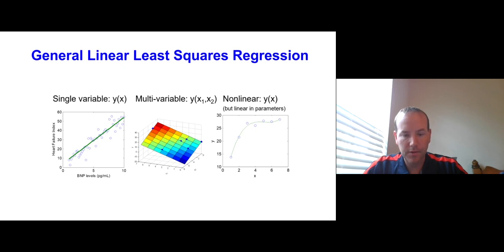And that allowed us, as I just mentioned, to make predictions about new values of data points once we had fitted to others. Today we're going to talk about an expansion of that general approach called general linear least squares.